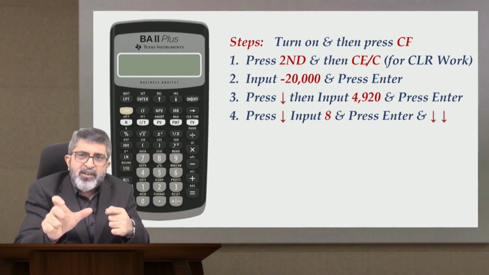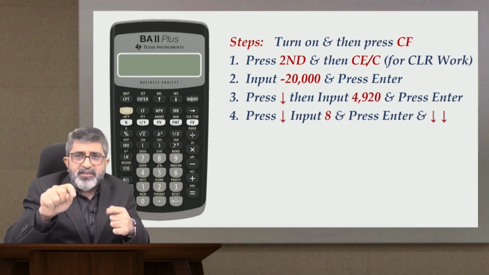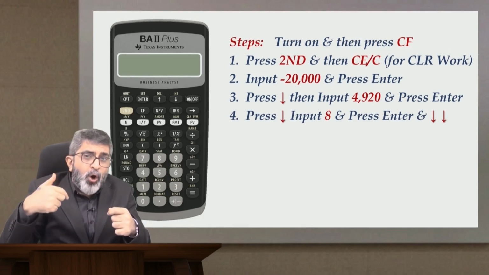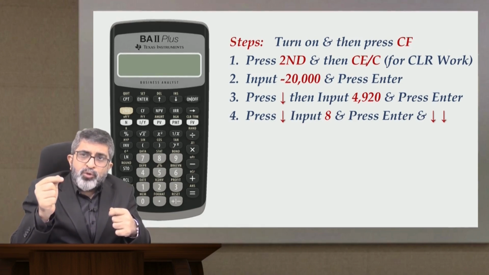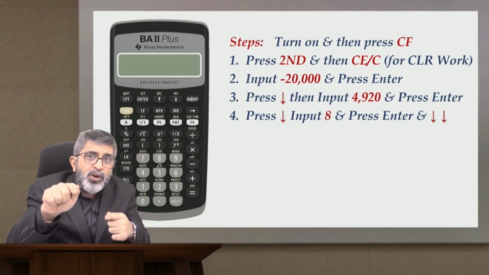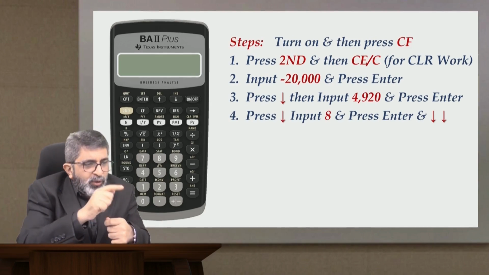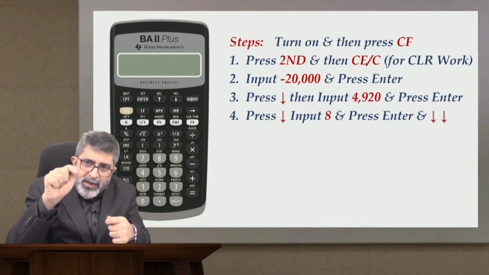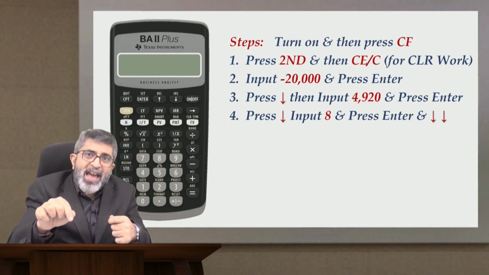That means the frequency of that cash flow is 8 years. So what we have always been doing earlier, we used to press the downward arrow key twice because we want to skip that frequency part, because by default the frequency would be 1.